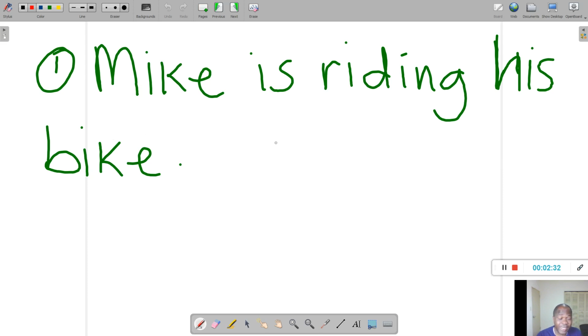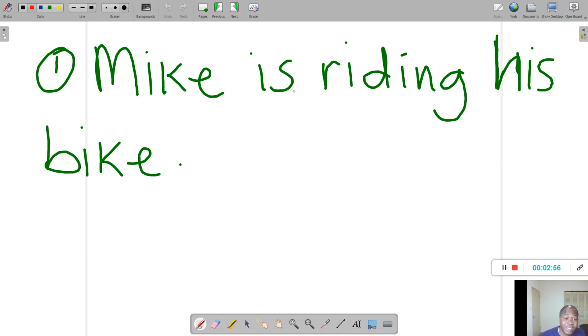So if you look at this, which one is the verb? We said a verb is an action or a doing word. If a verb is an action or a doing word, what word in the sentence? Here we are looking at the main verbs, not auxiliary verbs, not modal verbs, and not helping verbs. We are looking at the main verbs.